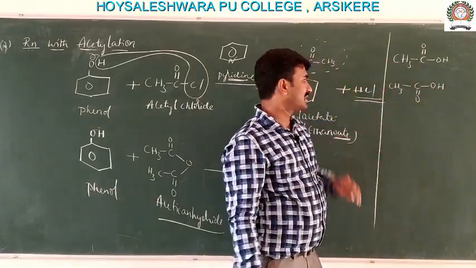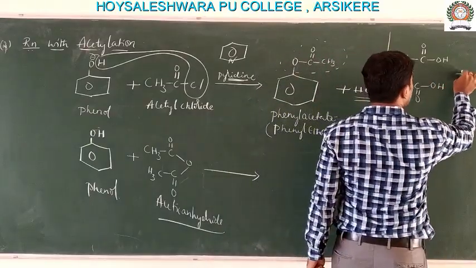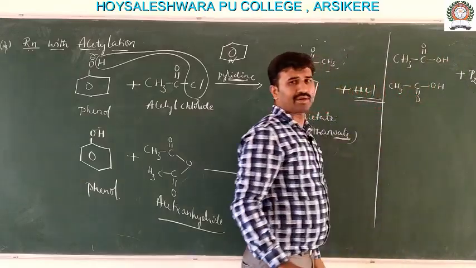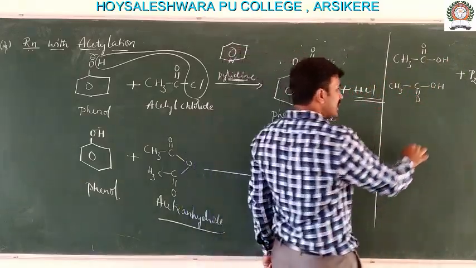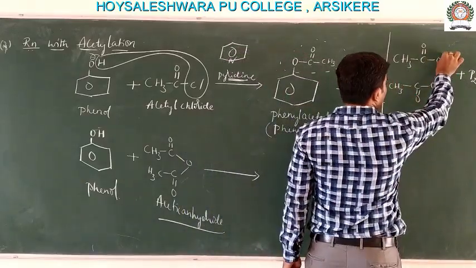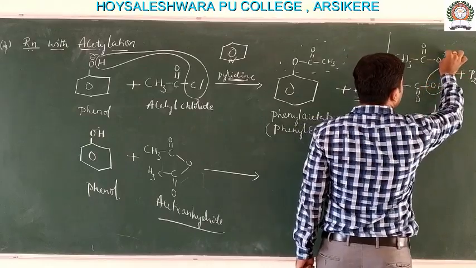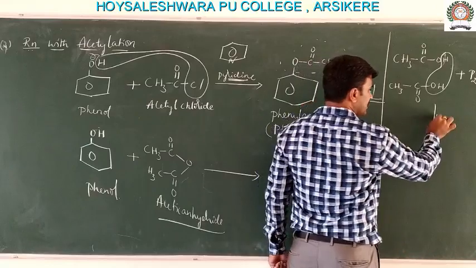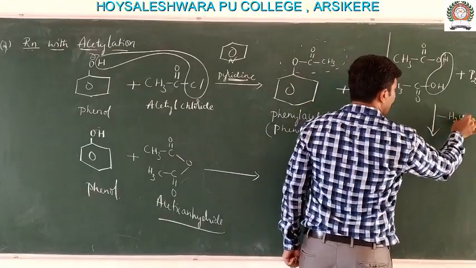When acetic acid reacts with strong dehydrating agents like phosphorus pentoxide, there is a formation of what? Anhydrides, with the loss of water molecules.